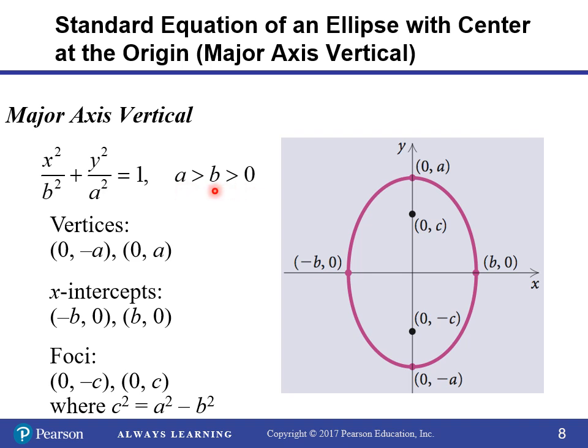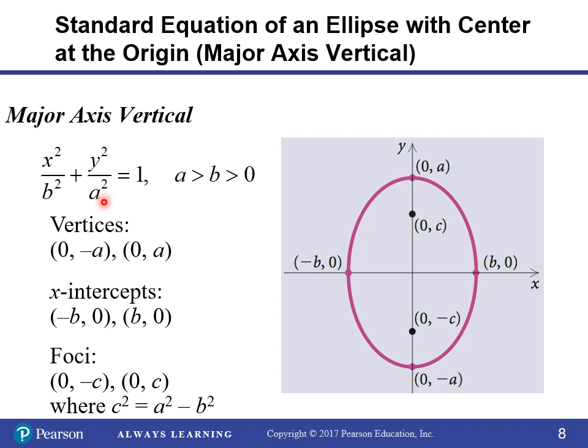So that's how you can tell whether you have a major axis that's vertical or horizontal: which one has the bigger value. Whichever one has the bigger value determines whether it's vertical or horizontal. So when this one is the bigger value, then it's horizontal, and when this one is the bigger value, then it's vertical.